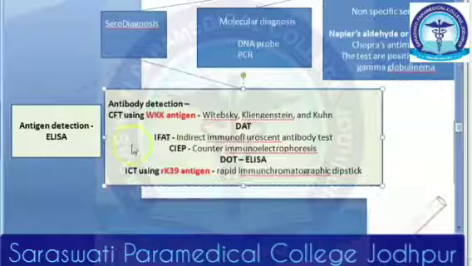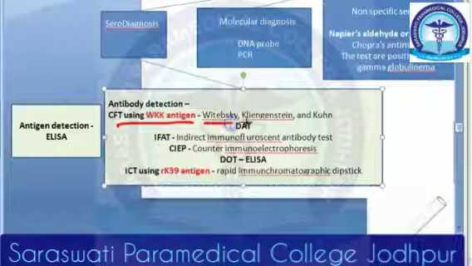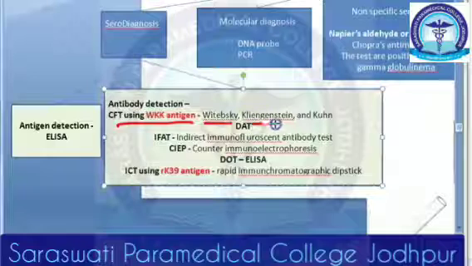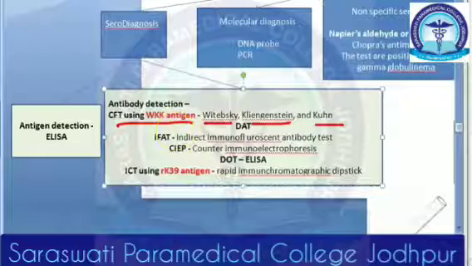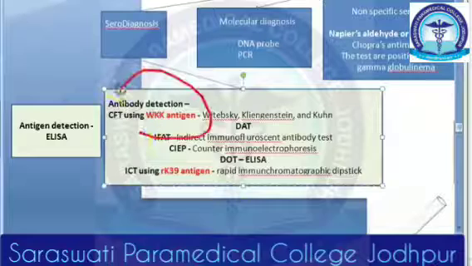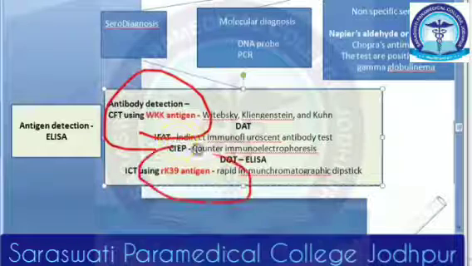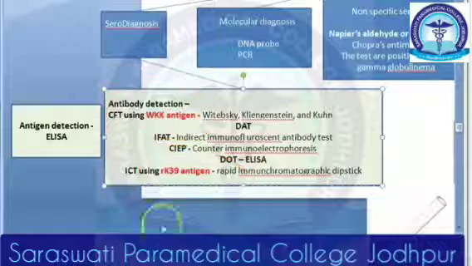CFT, that is complement fixation test, using the WKK antigen, that is White, Sky, Klangenstein and Kuhn antigen. So you will use the WKK antigen and the RK39 antigen. It's very difficult, I understand, to remember all the antigen names.